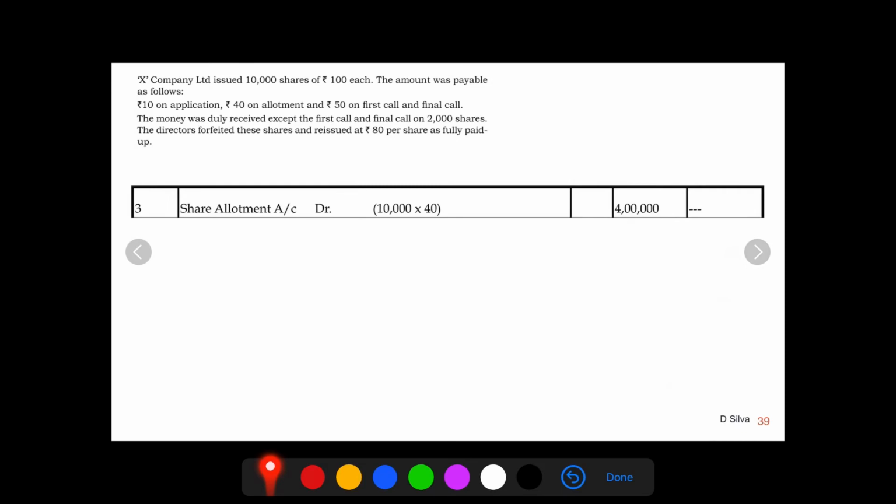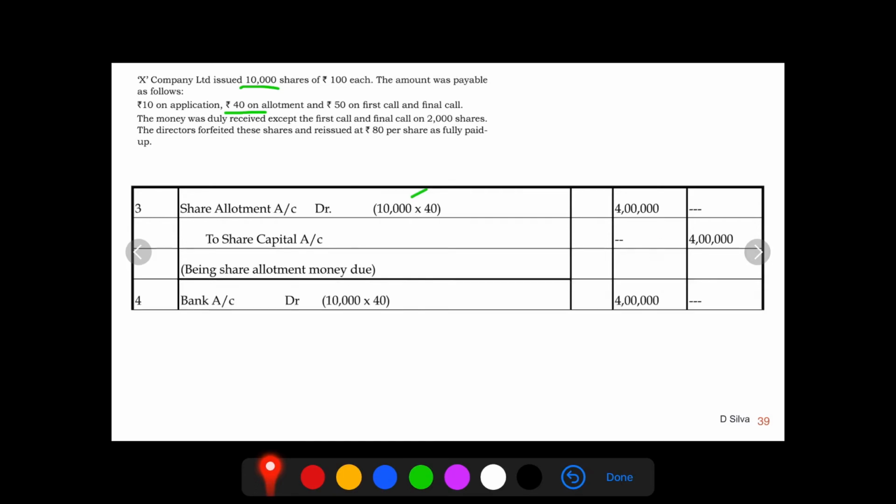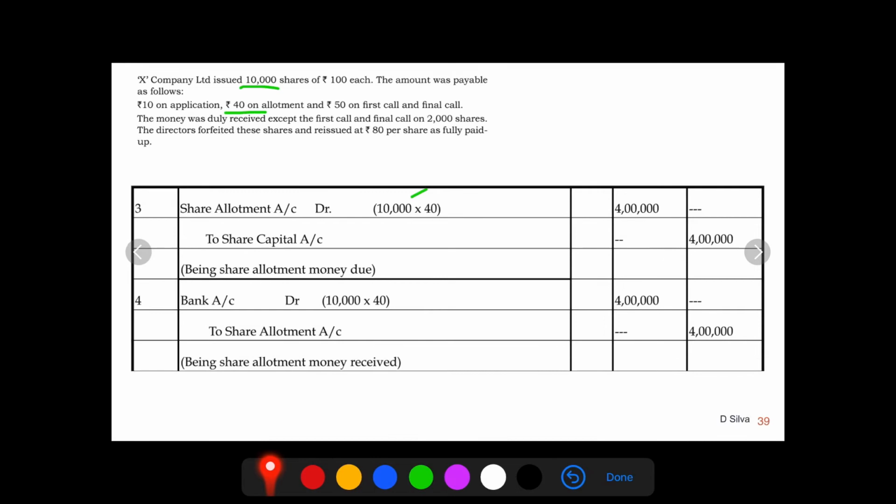This takes us to the third journal entry on share allotment: share allotment account debit to share capital account, where the share allotment money is due. The calculation goes for 10,000 shares of rupees 40 on allotment, 4 lakh is being debited and credited. For the money being received on allotment, the journal entry is bank account debit to share allotment account.